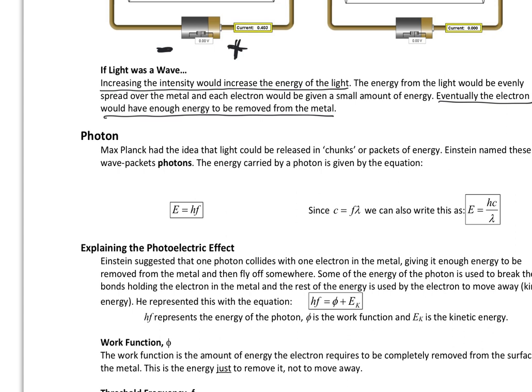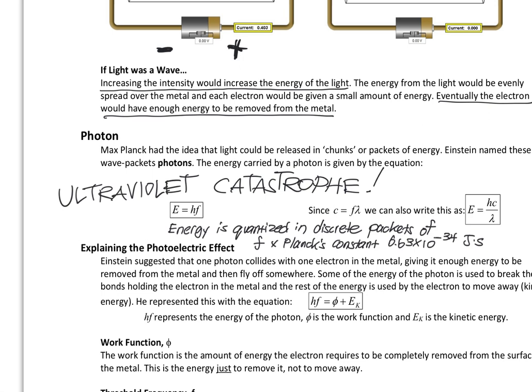Planck went further, having to do with the ultraviolet catastrophe, saying that not only is energy related to the frequency of the light, but it can't be any continuous value, it has to be discrete values. So energy is quantized in discrete packets of the frequency of the light times Planck's constant, which is 6.63 times 10 to the negative 34 joule seconds.